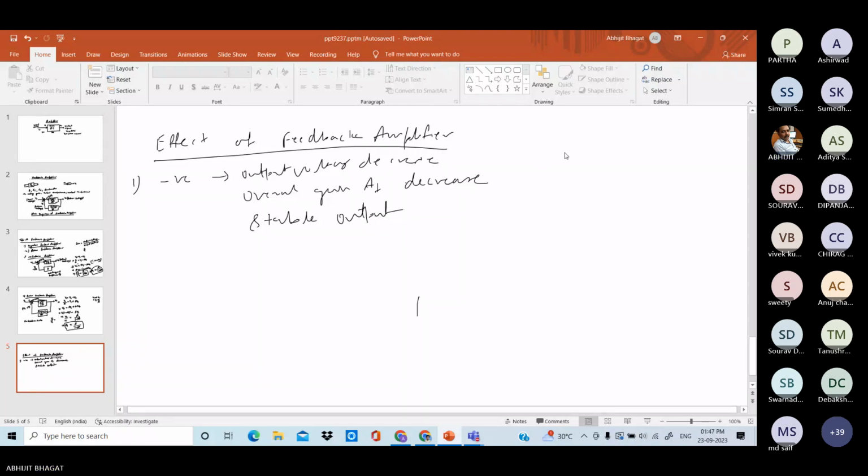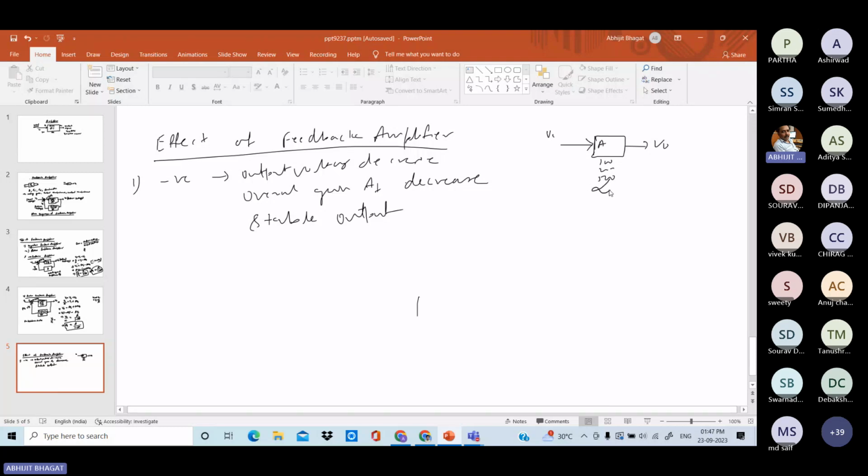कैसे देखो? Suppose you are using an amplifier. Suppose your Vi is the input, A is the gain of the amplifier, and V0 is the output. Here gain of the amplifier is very high, in the range of 100, 200 or 500 or more than that.